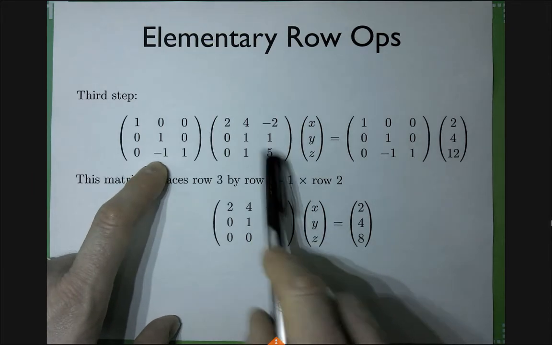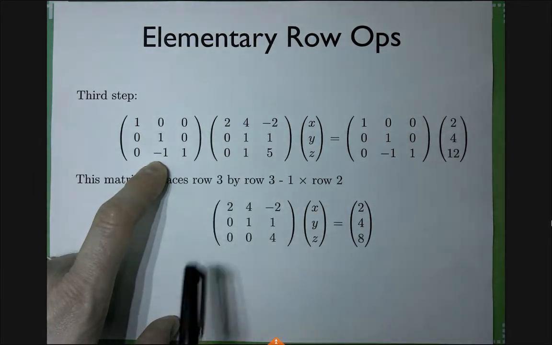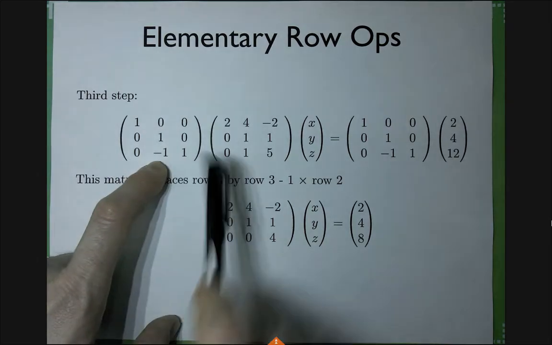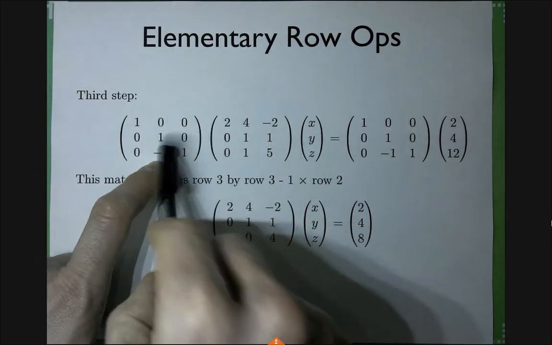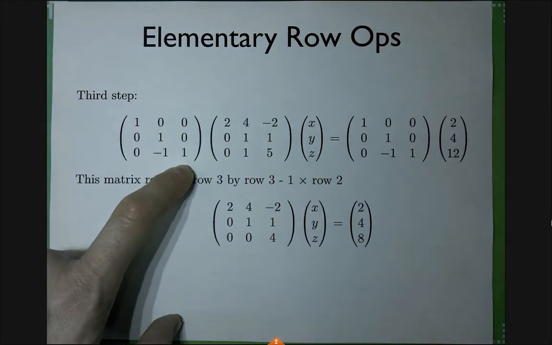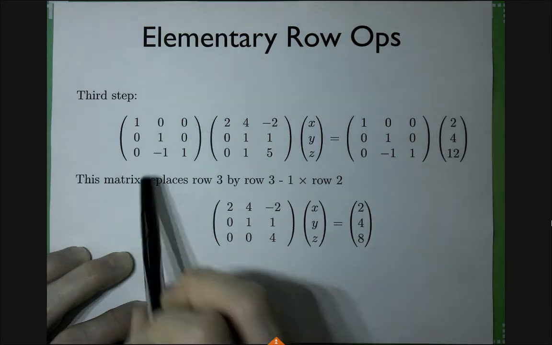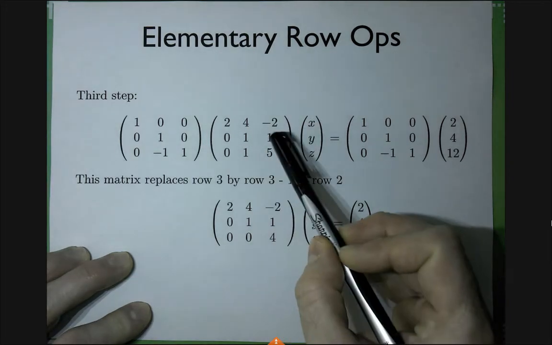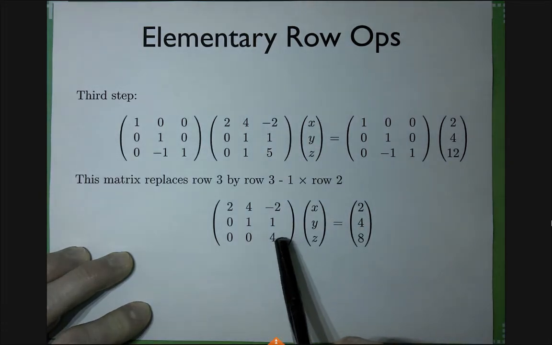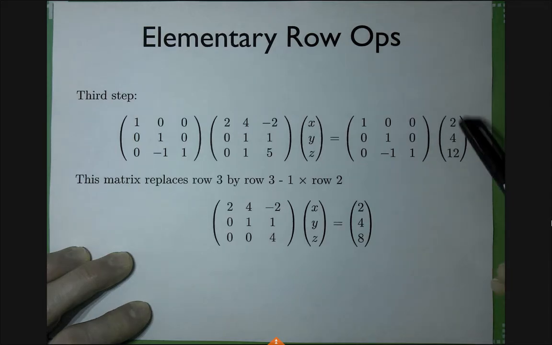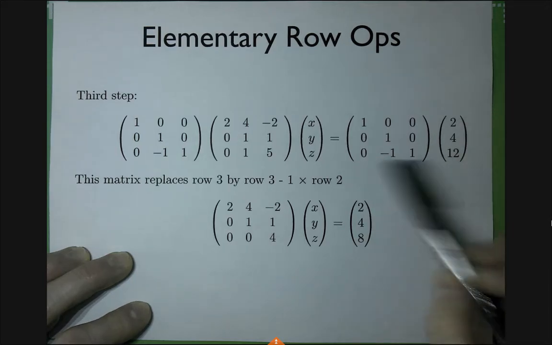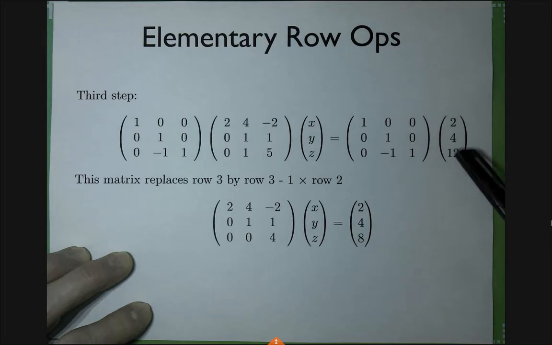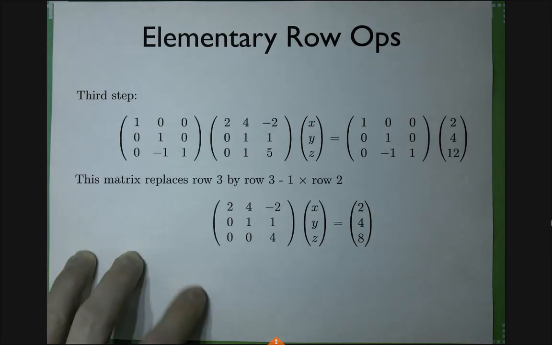It's the sum of the second row, minus 1, plus the third row. So this is minus 1 and 1, that's 0. Minus 1 and 5, that's 4. That's correct. The same thing goes here. So 2 and 4 get copied here. And here I get minus 4 plus 12, that's 8, right?